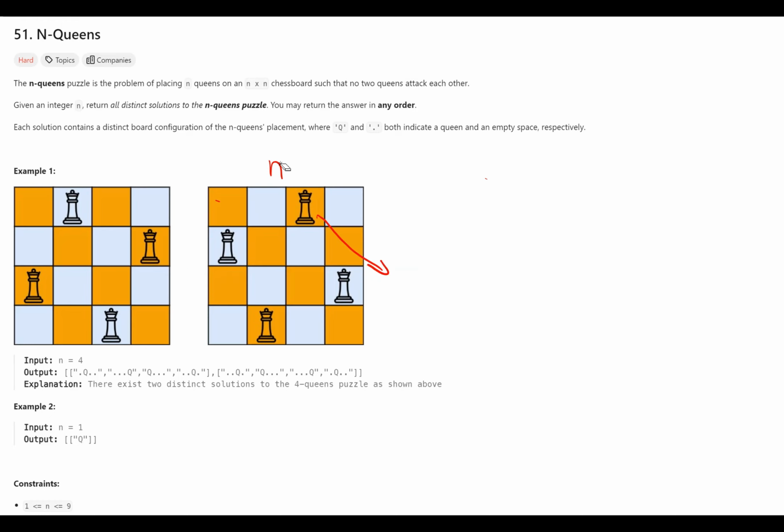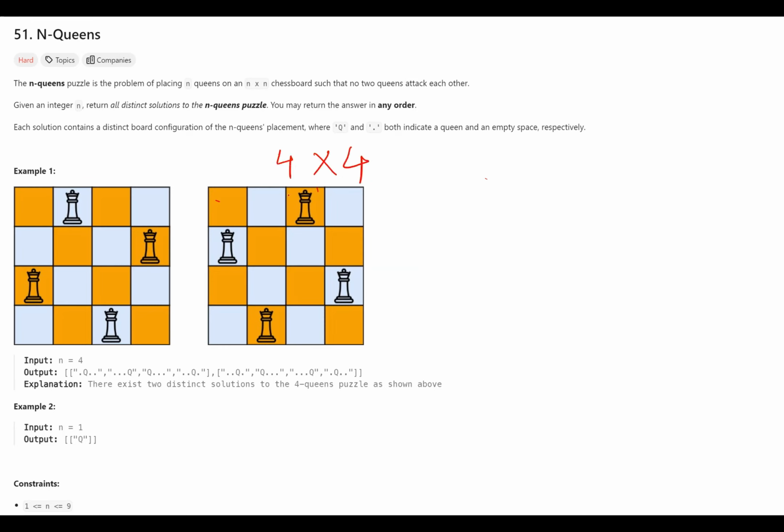The problem says that you are given an N by N chessboard and you have to put the queens in each row, one queen in each row, in such a way that the queens can't attack one another. Here you can see a 4 by 4 chessboard.